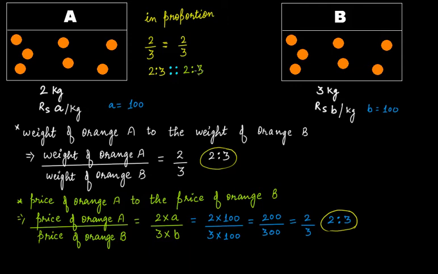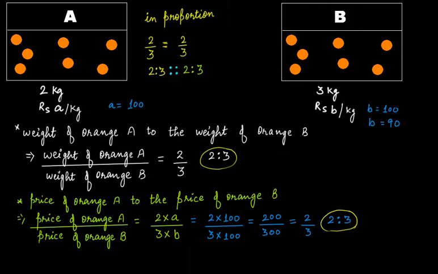Now, assume that this A was 100, but B was, let's say, 90. That is, B is now 90 rupees per kg. In that case, look at this one.